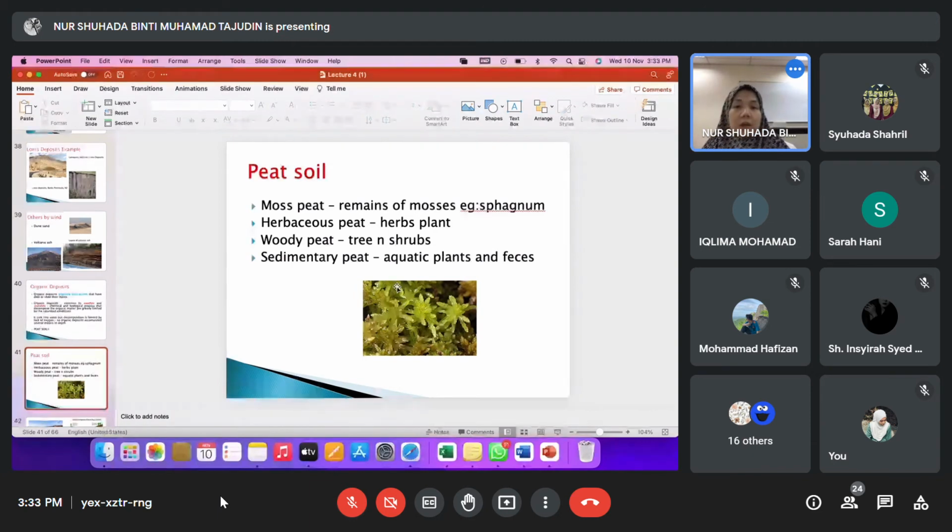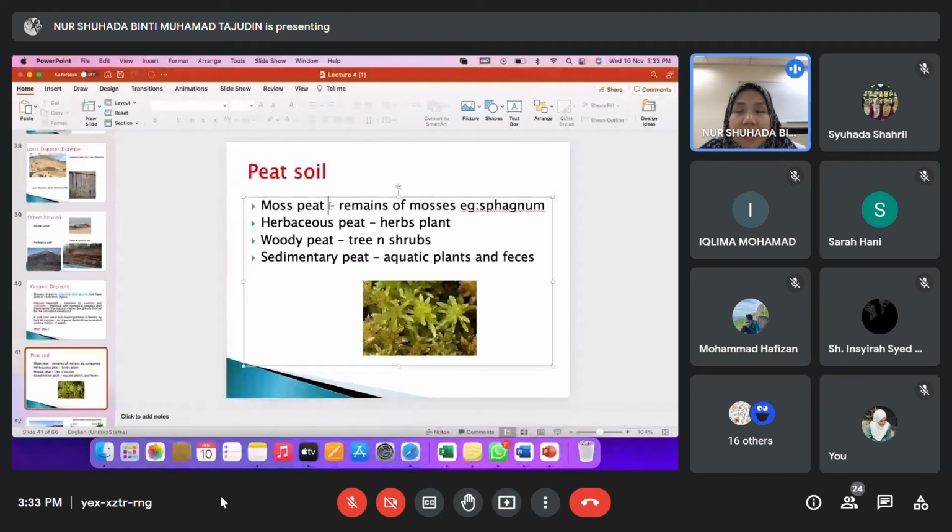Okay, sedimentary peat. Okay, so the peat, the organic are from aquatic plants and fishes. Okay, so we have different types, but most common is woody peat. Peat moss selalunya memang kita guna. Okay, kita guna untuk tanam pokok.